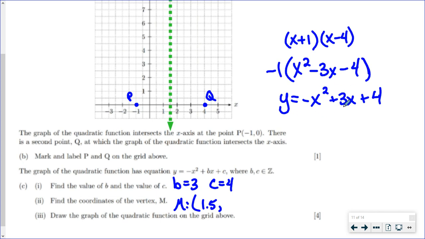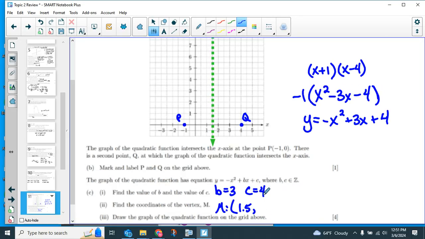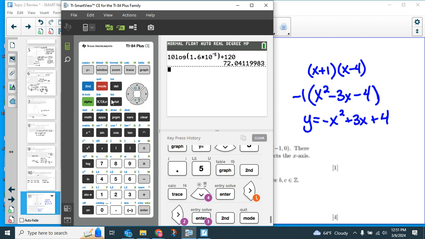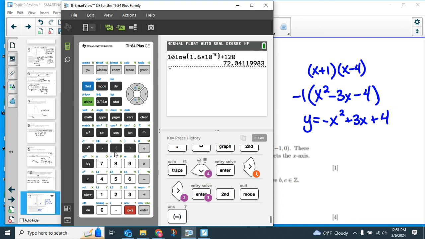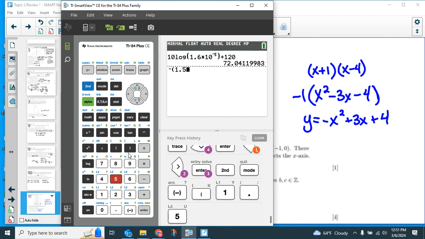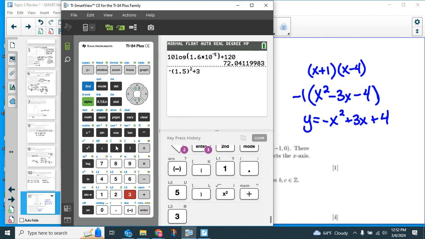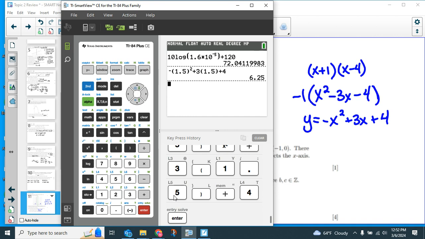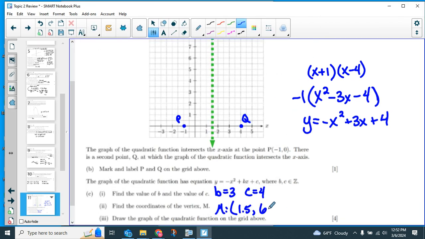Plug 1.5 into x. Absolutely. So pull out the handy dandy calculator here. We say negative 1.5 squared plus 3 times 1.5 plus 4. Boom. 6.25. So this would be 6.25.